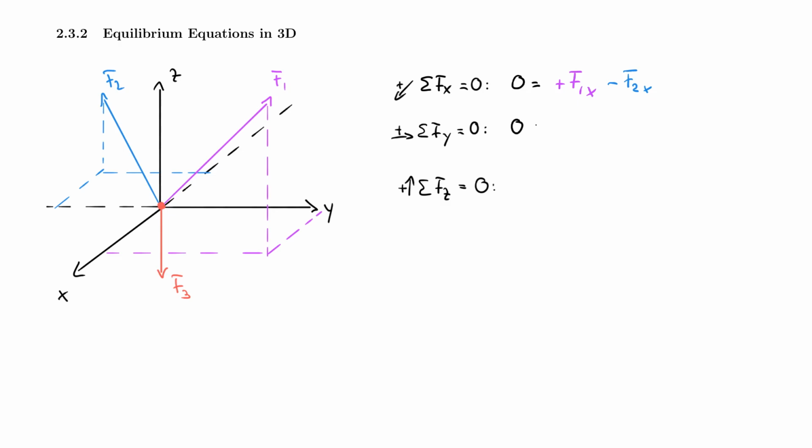For the y direction, I have to start with my F1 as well, which again is positive, so plus F1y minus F2y and no F3 component. But in my last equation that looks different, so now I have to state that we're looking at positive F1z and positive F2z, but minus F3.